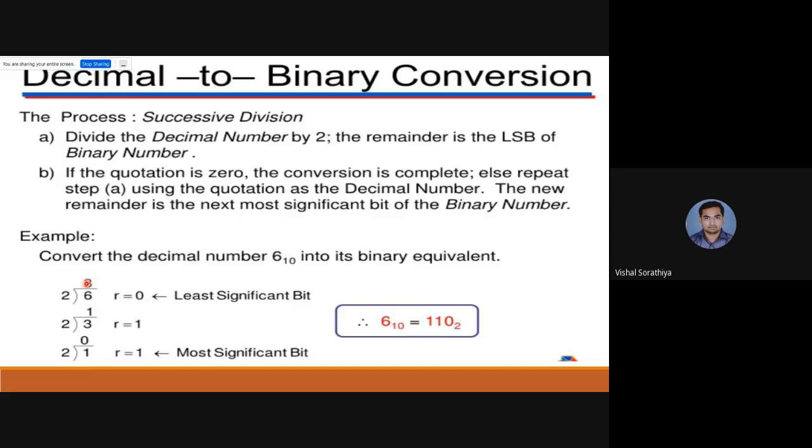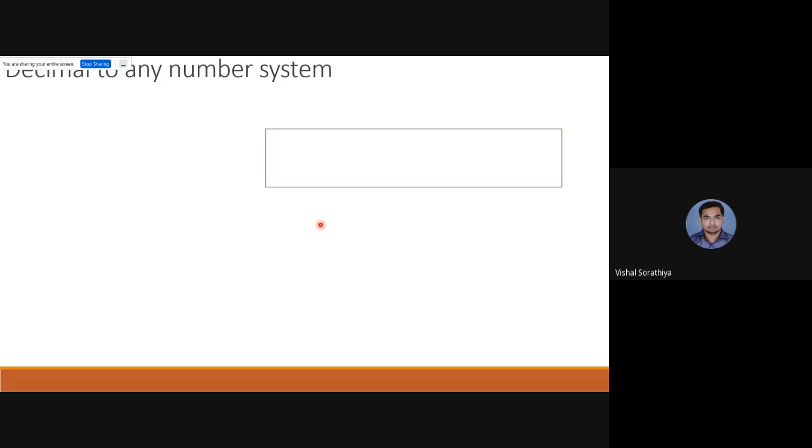Then whatever the part we have, okay, 3, again you need to divide with the 2, whatever the remainder you need to write. And at the last digit you need to reach the 0 point, like 1 cannot be divided by 2. So we can say that's a 0, that's why that last digit is going to be 1, and you need to start with the 1, 1, 0. So this stuff you already know in your digital fundamentals very well.